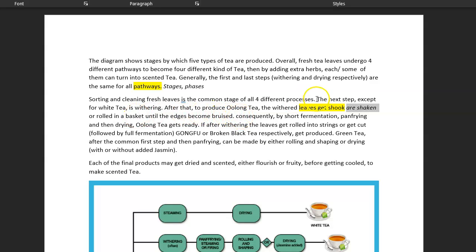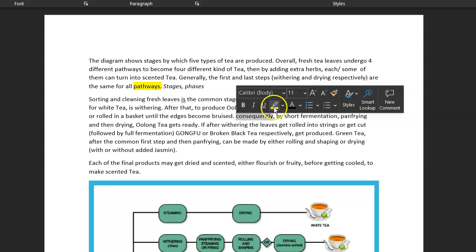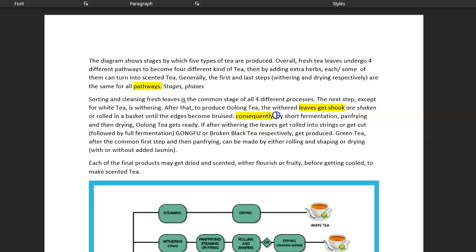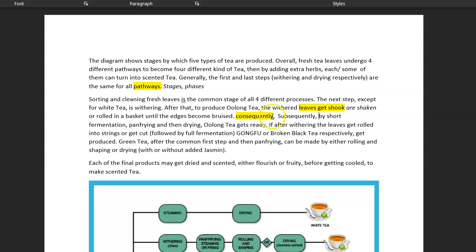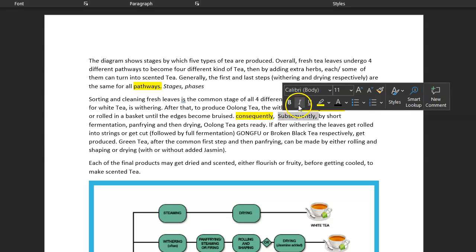Consequently, now, rather than consequently, yes, you can have consequently with a capital letter, but what I'd use is subsequently when you're talking about things in a process. Consequently is as a result of this, something else happens. And it's kind of the same, but also not quite. So here, I think for the task 1 process, subsequently is a useful word.